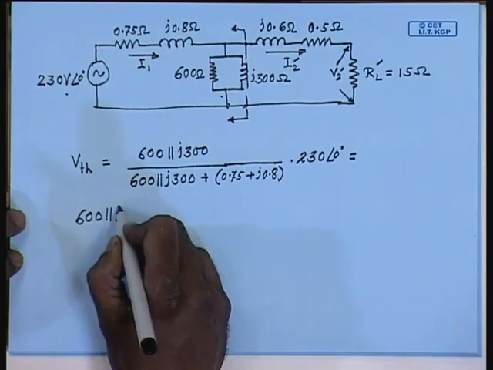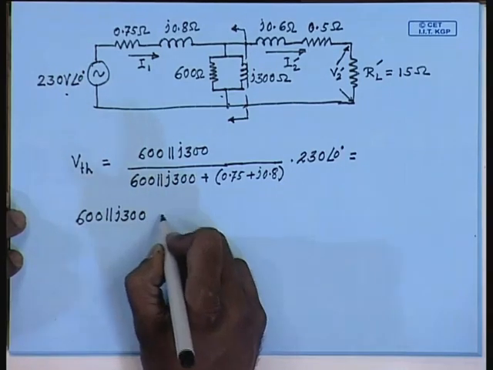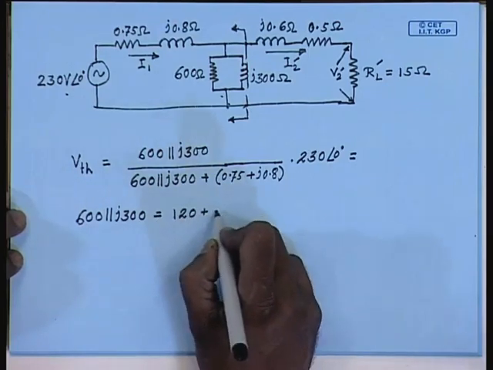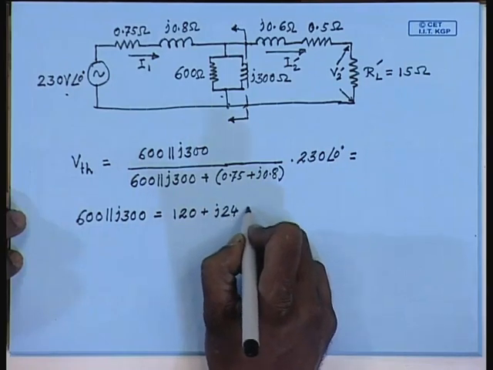Now, 600 parallel j 300 is equal to 120 plus j 240.